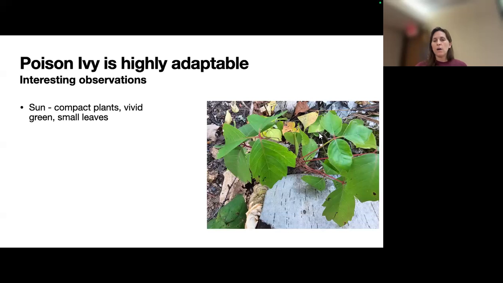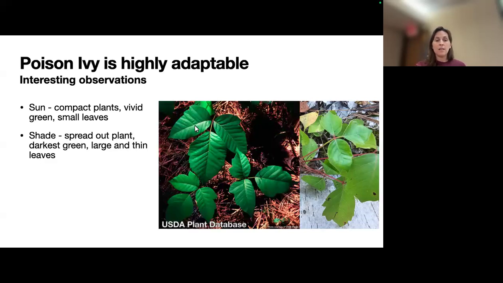And it also has smaller, denser leaves in comparison to a shade variety of poison ivy. And you can see that those leaves are quite a bit larger. They're actually quite a bit thinner, prone for breakage. And also, as these plants grow, they do end up becoming less glossy. And so they still have kind of that glossy sheen to them, just not near as intense as this lime green one over here.